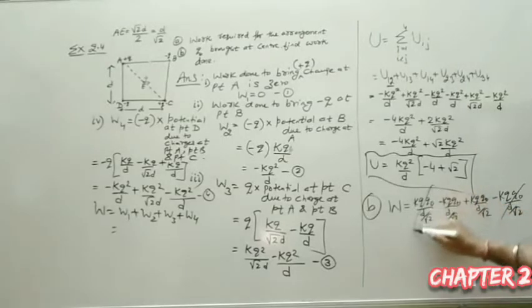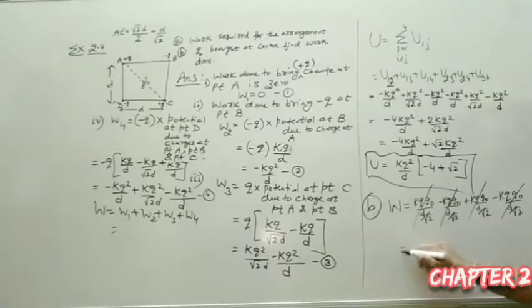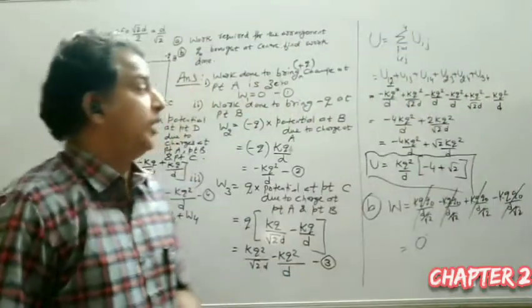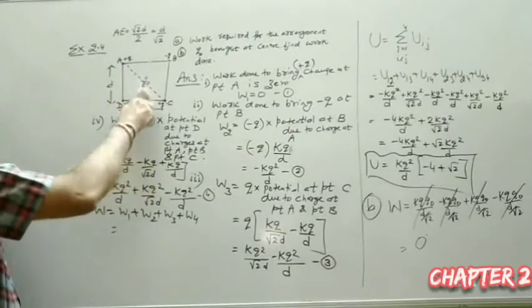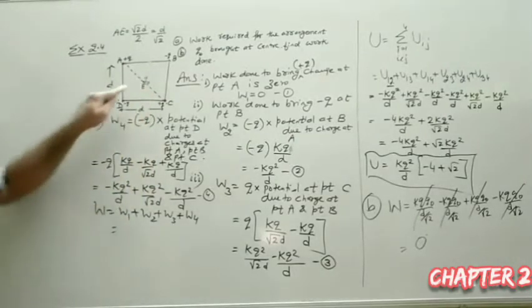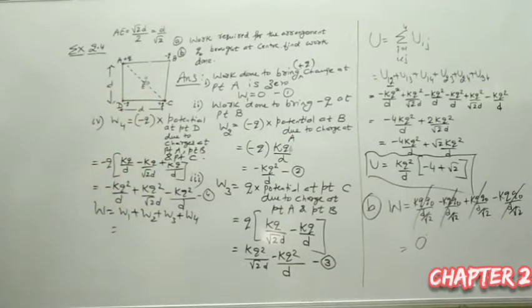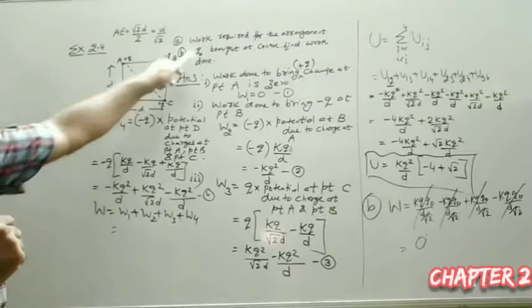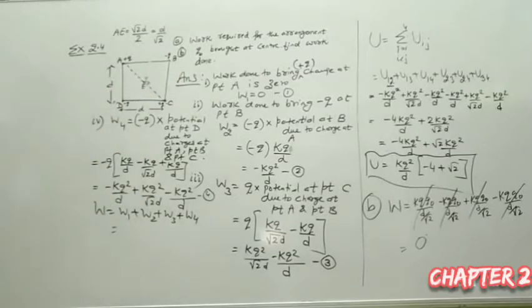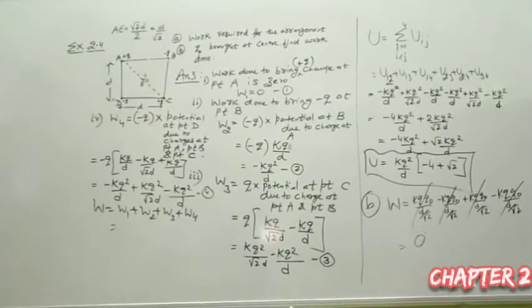So these two terms get cancelled and the answer comes out to be 0. So no additional work is required to bring a charge at point E. The resultant comes out to be 0. So when you find the work to bring Q naught at the center, the total work done is 0.